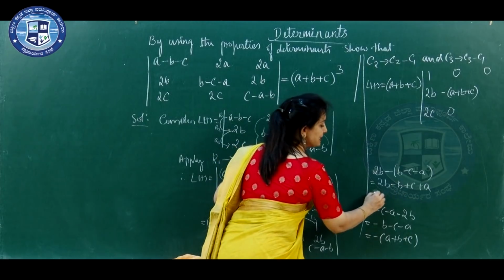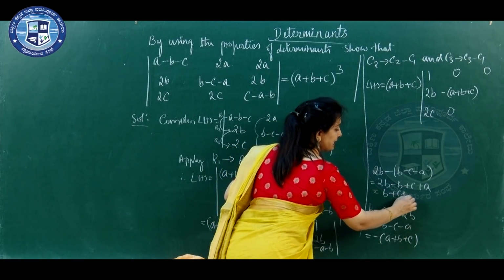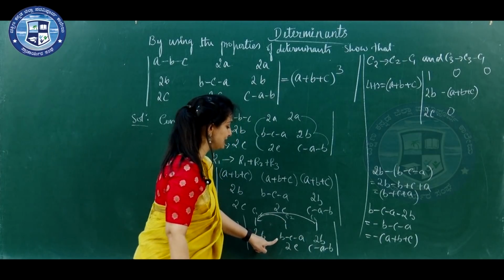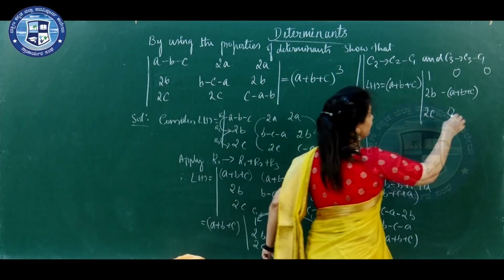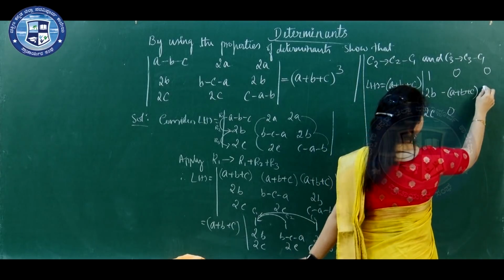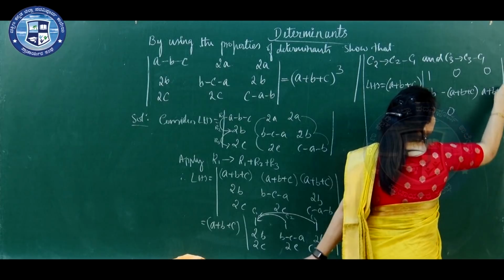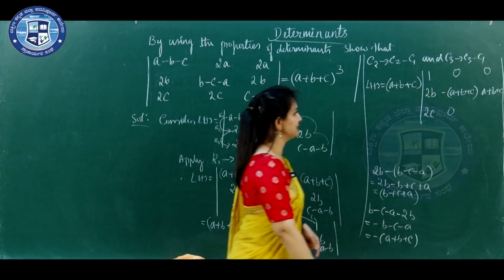So, 2B minus B is B plus C plus A, or again we get A plus B plus C.